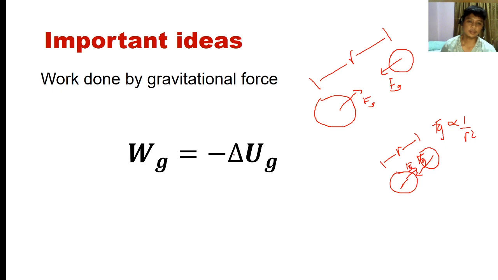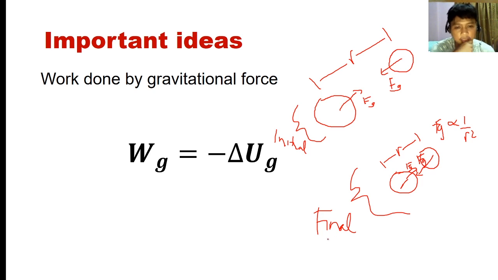And according to this formula, because of this work, the property called UG has now changed, but the change is negative, which means if this is our final setup, the property for the final setup is less than the property of UG for the initial setup. UG final is less than UG initial. So that's just what this formula means.